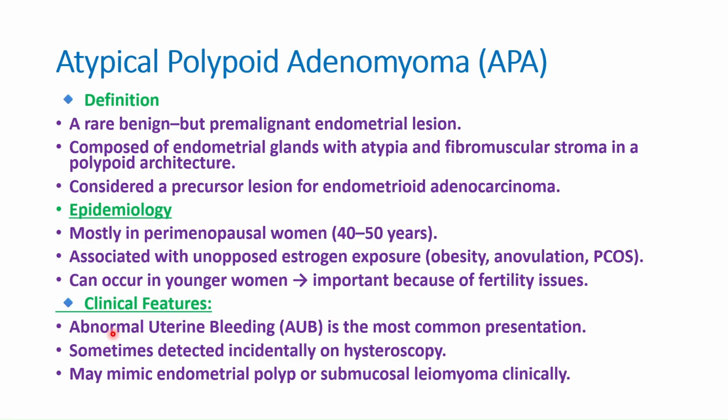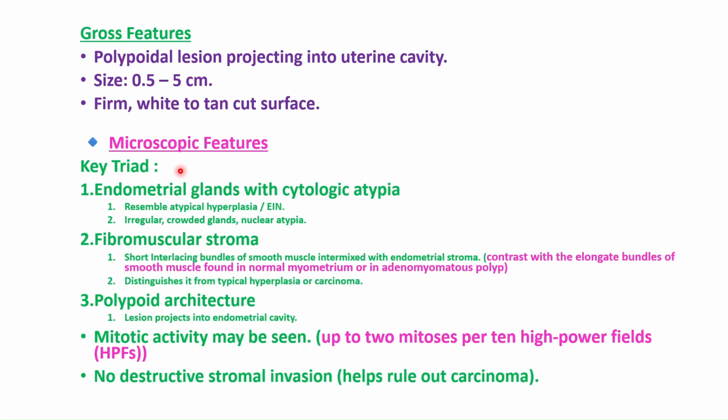Clinical features, generally patient presents with AUB and sometimes detected incidentally on hysteroscopy and may mimic endometrial polyp or submucosal leiomyoma clinically. Gross features, it is polypoidal in nature, projecting into the uterine cavity, size 0.5 to 5 cm, white to tan cut surface, and microscopic features contain a key triad including endometrial glands with cytological atypia.